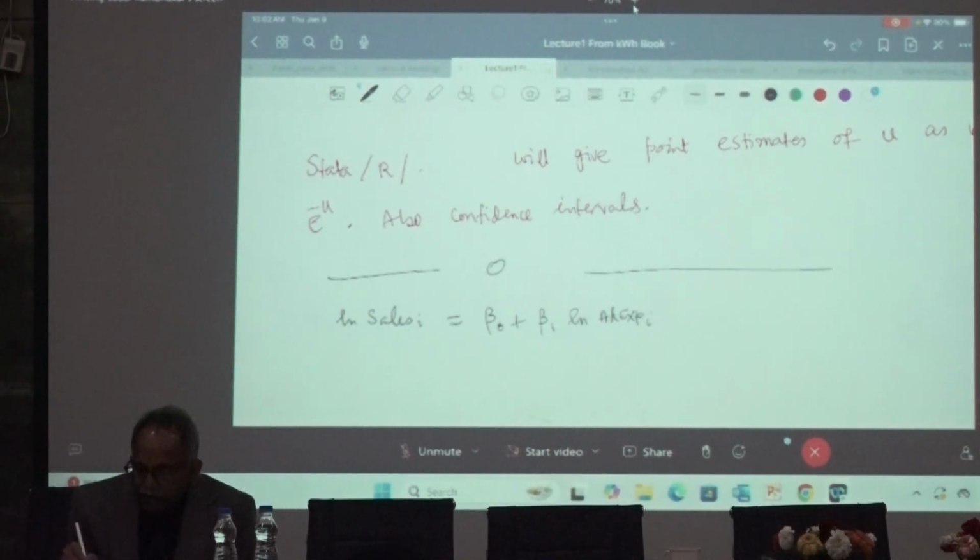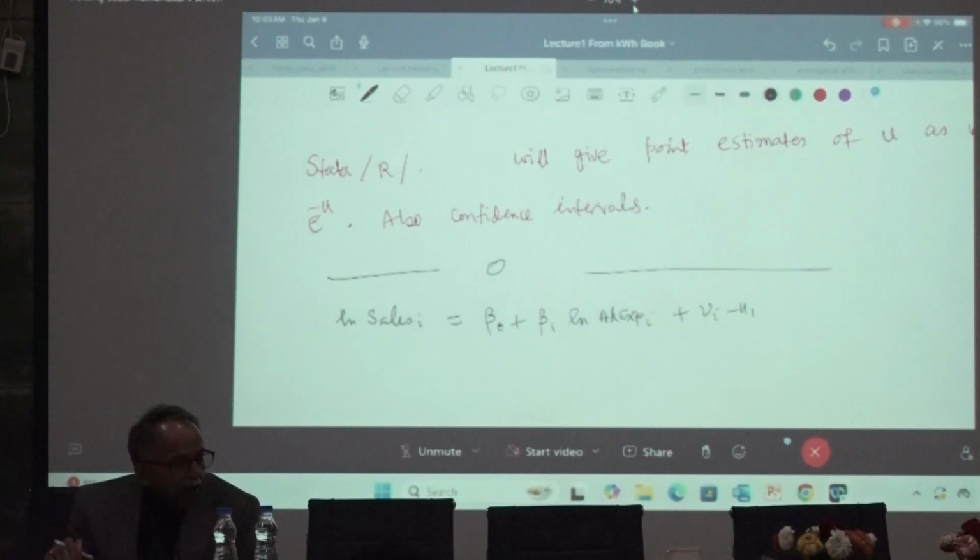If you think that sales does not depend only on ad expenditure, but there are many other variables, you are free to add those things. That's not going to complicate anything. What I'm doing here is showing you how to interpret your U, and later on I'll be using this model to add variables that can explain your inefficiency.